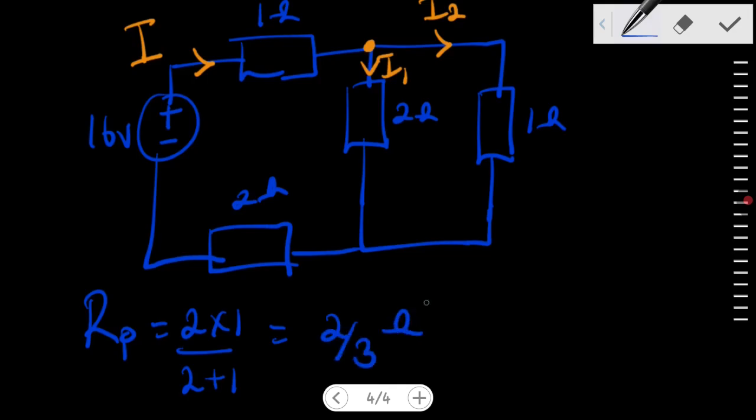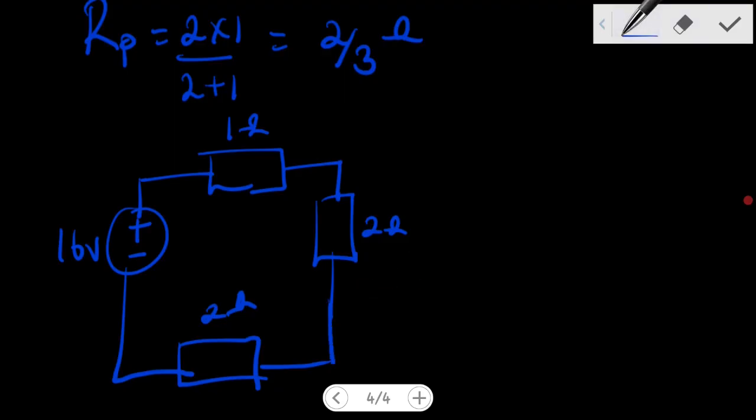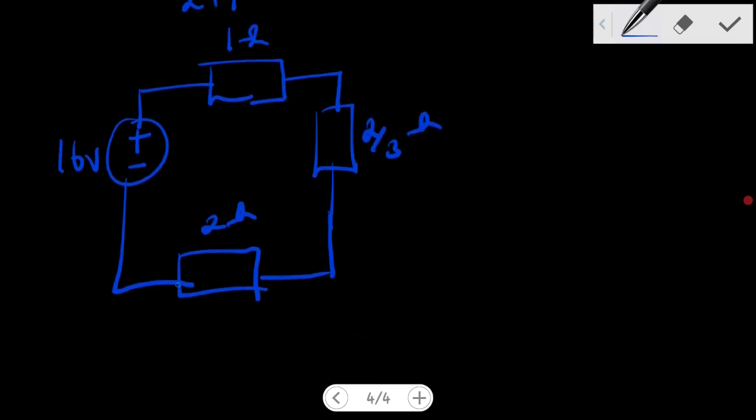Now, if we redraw this circuit, I am going to remove this because we have calculated it, and the resistance here is no longer 2. Let's replace it by 2 over 3 ohms, right?